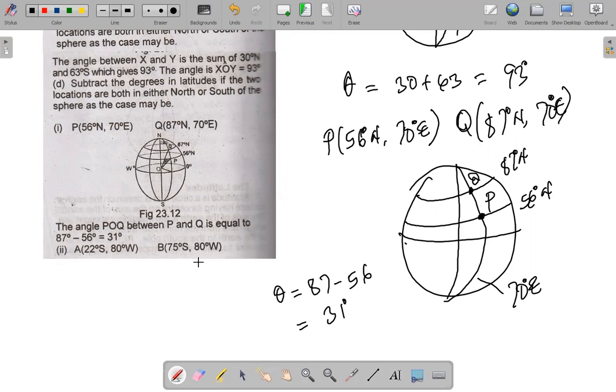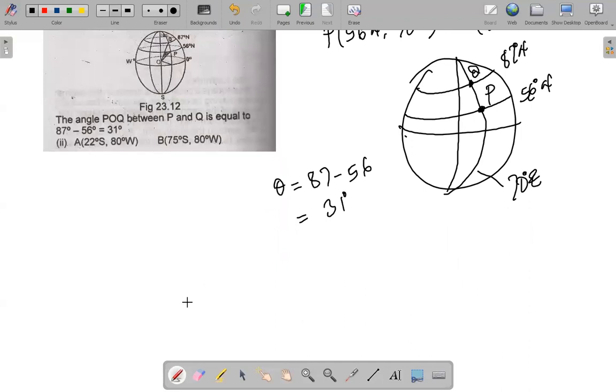The same thing applies if we work with longitude. So here we have 22 degrees south, 75 degrees south.